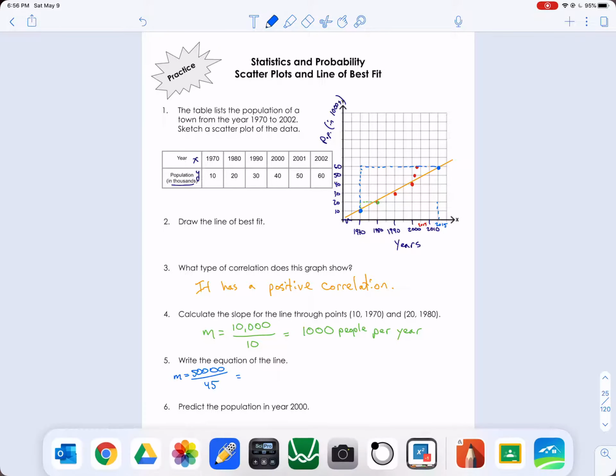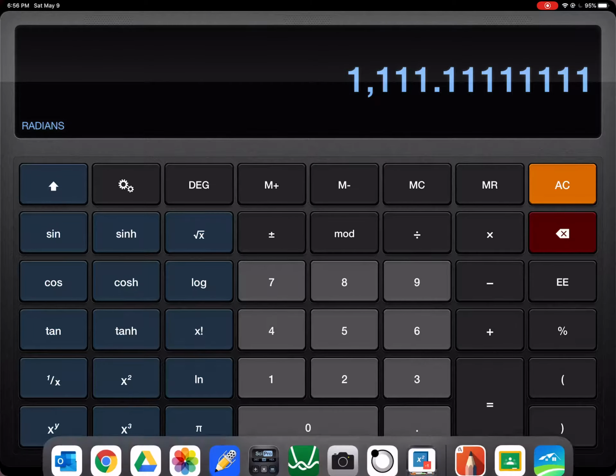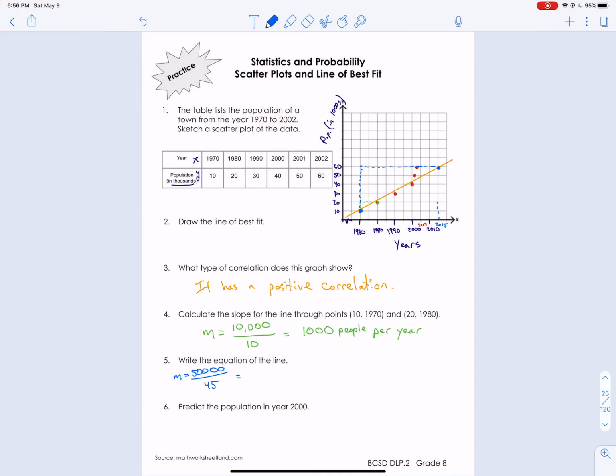So 50,000 divided by 45. Okay, so that's all ones. Okay, so we have 1,111 people. Actually, we don't even have to write that because we're trying to find the equation, so we just need that number.